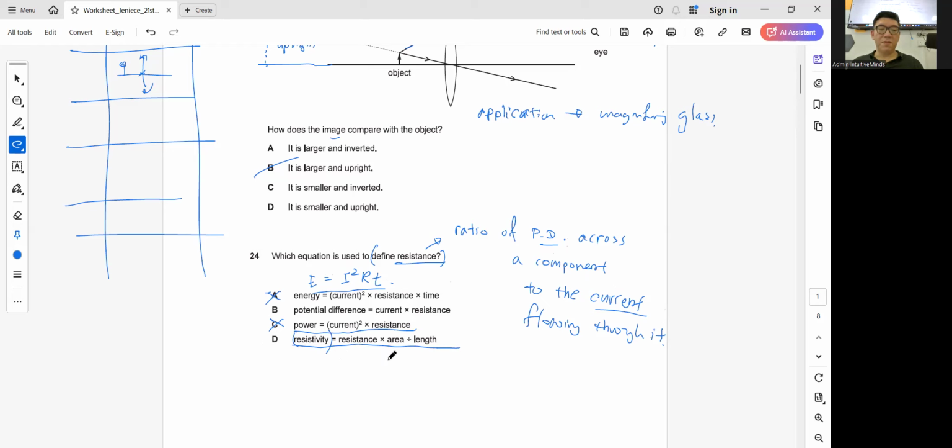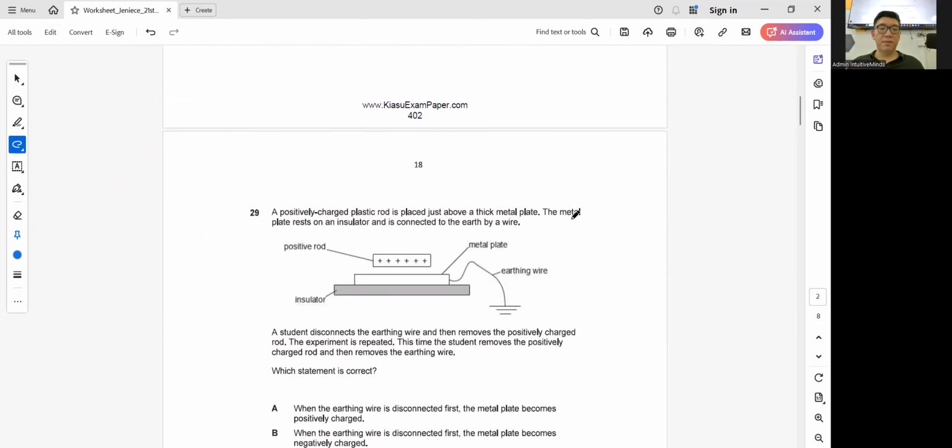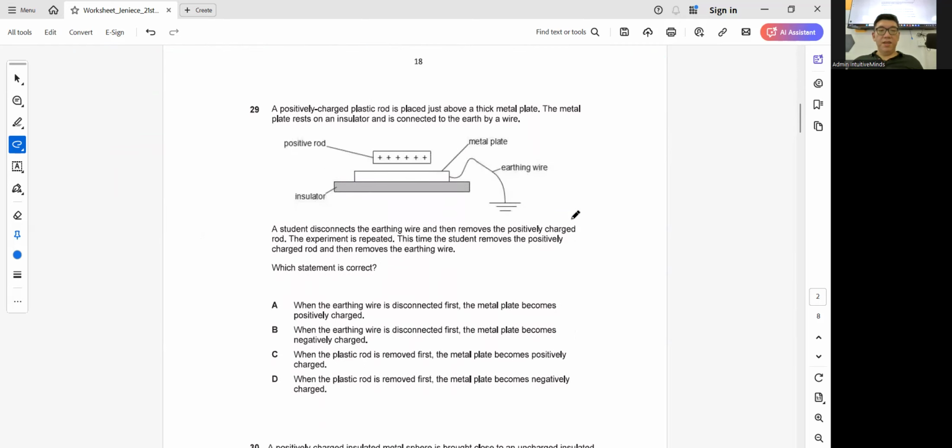This is based on physical properties of the wire. Physical properties refers to area, length, resistivity. So that is not it. So you're left with B based on the definition. Okay.